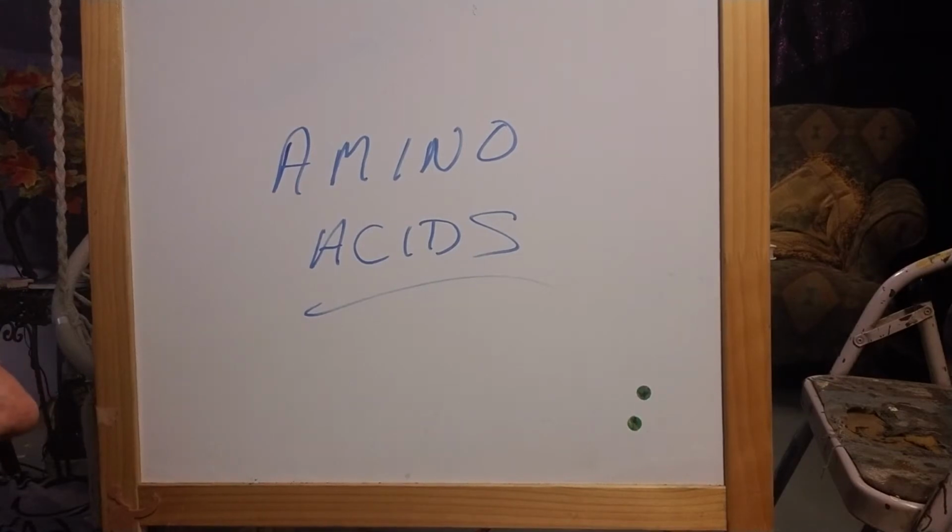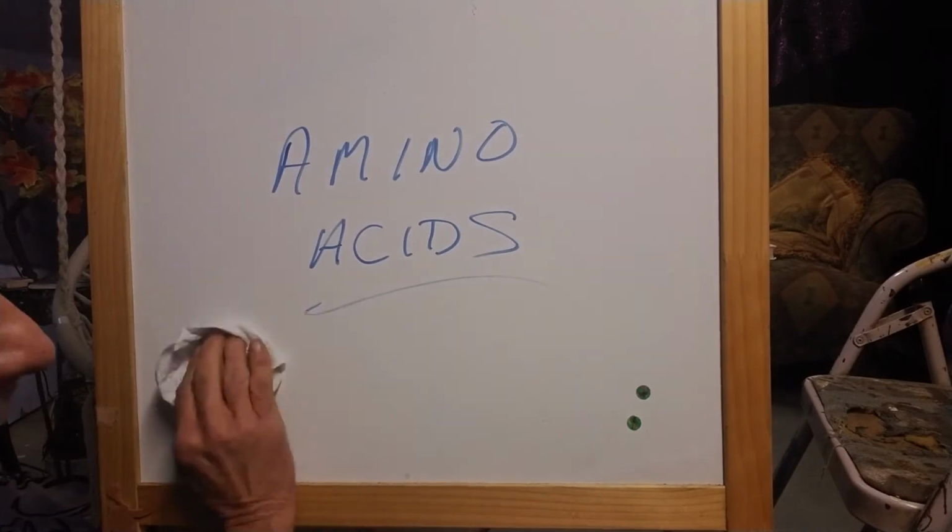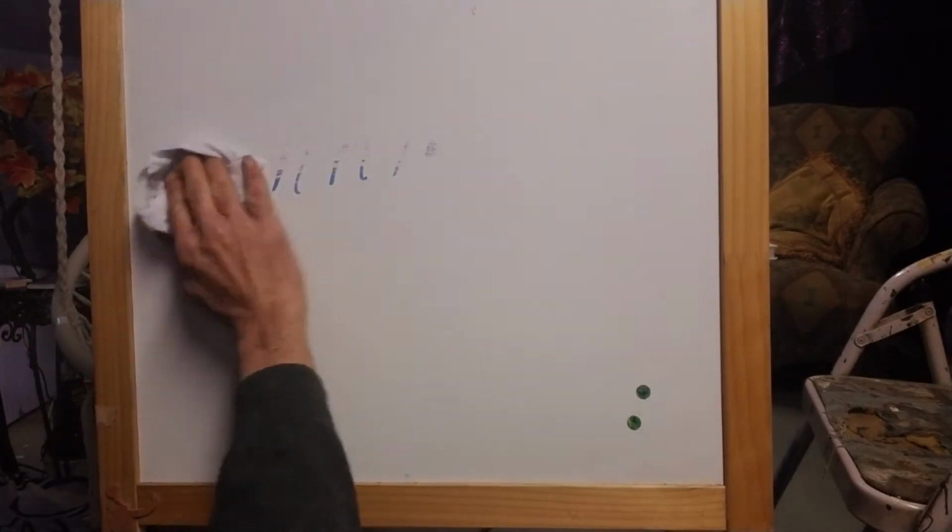Without a doubt, they are the building blocks of life. Without these, there is no life. Well, that's true of a lot of chemicals or a lot of different things, but nothing is more important. It's almost all that DNA deals with.